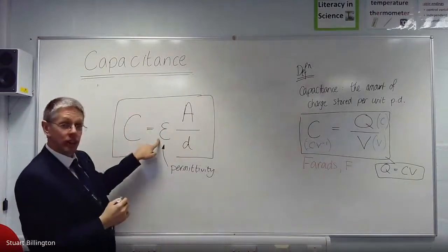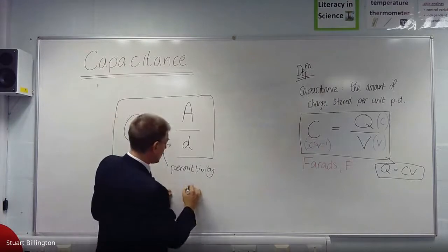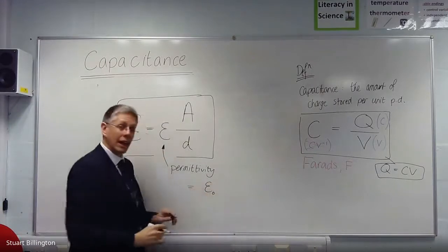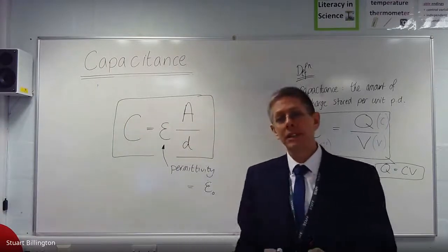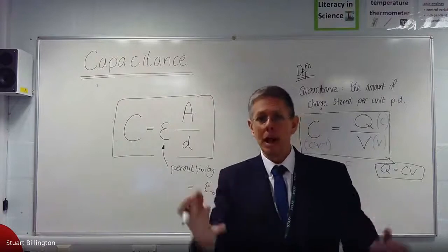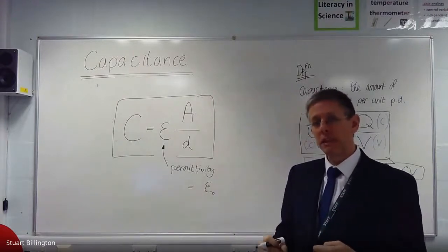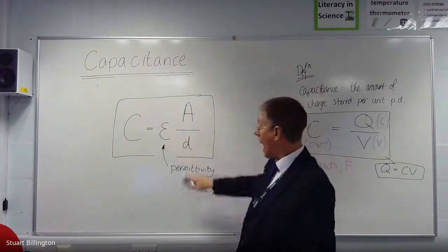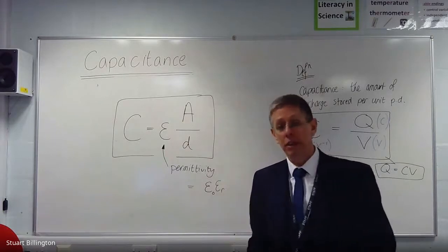Can I just mention this as a final thing before I finish? It's actually equal to something called epsilon naught, which is the permittivity of a vacuum, no matter at all. And then what we do for all of the other materials is just express their permittivity as multiples of the vacuum permittivity.